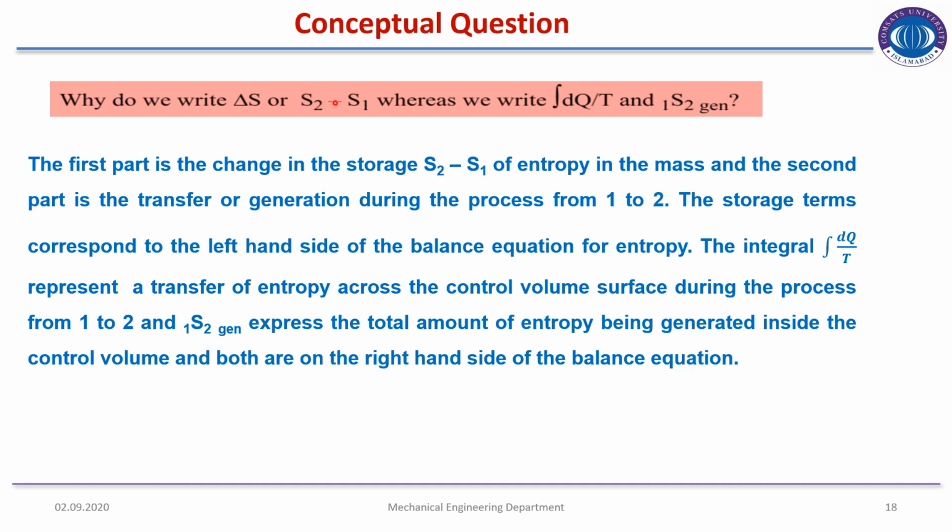So S2 minus S1 is usually written on the left hand side. S2 and S1 are the state properties, or specific entropy, at states 1 and 2, dQ by T is the entropy transfer due to heat interaction, and S1 to 2 generation is the entropy generated due to irreversibility within the process.